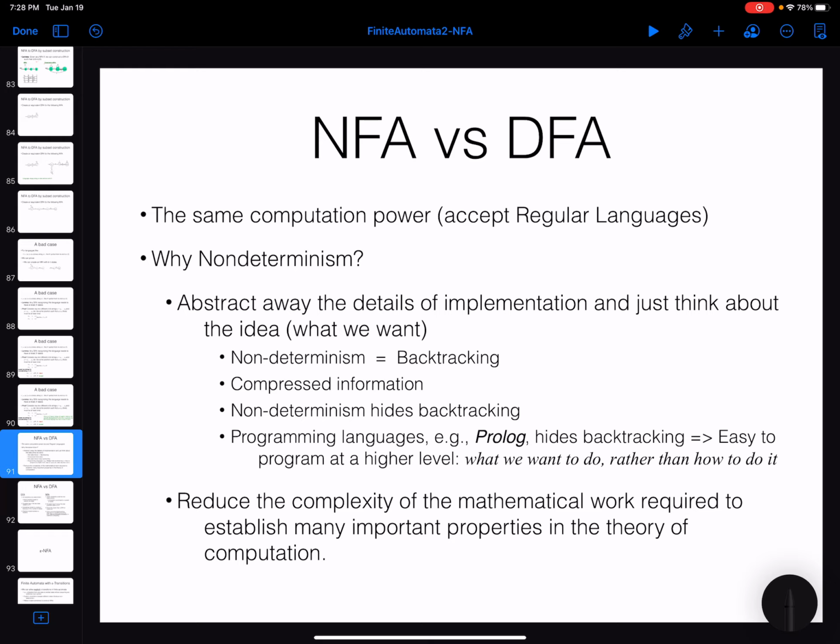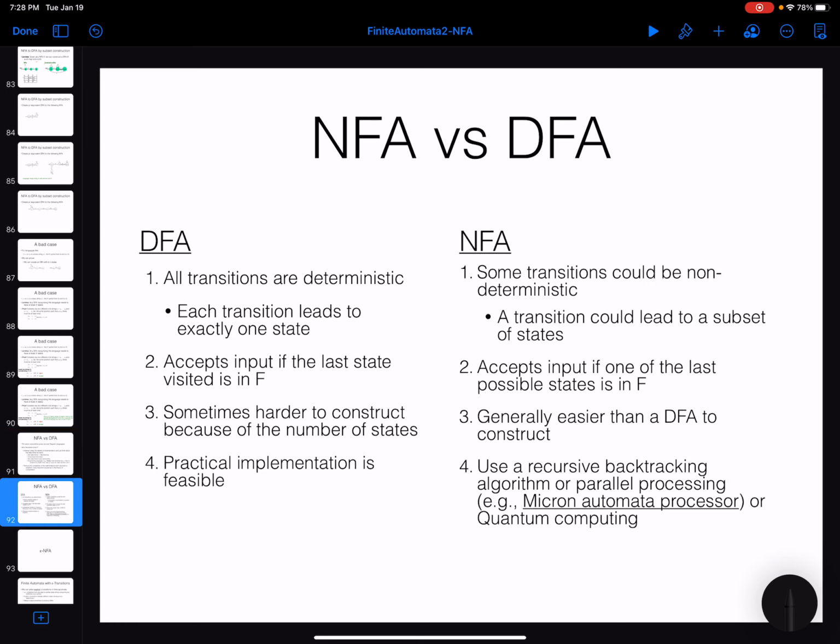So the whole idea of the NFA is just making it easier to do the proofs. NFAs are more like a tool to represent the regular languages, an easier tool than the DFAs. So this slide is going to summarize the properties of DFAs and NFAs.